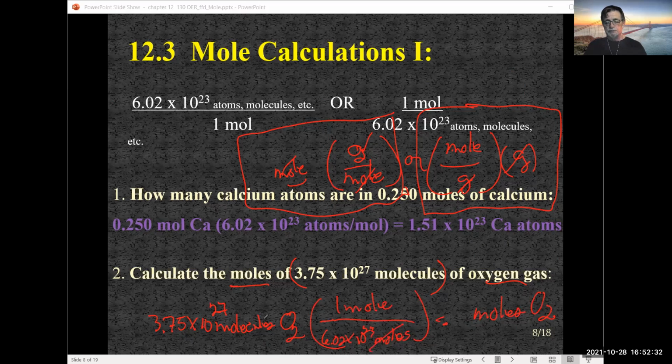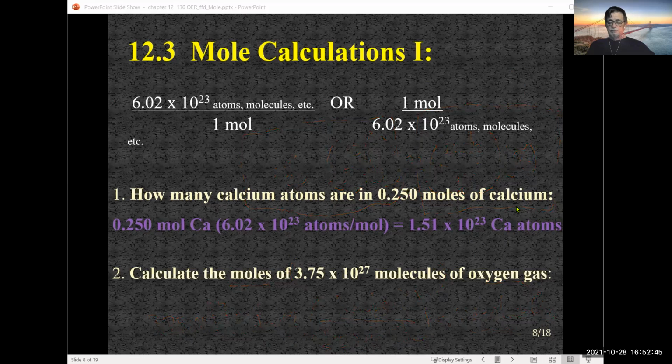Notice my molecules cancel, leaving me with moles, which is what I'm looking for. So you plug those numbers in the calculator, and you should end up with 6,230 moles of oxygen. Quite a bit of moles.